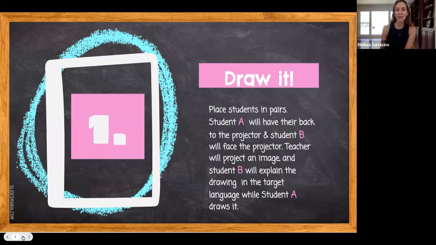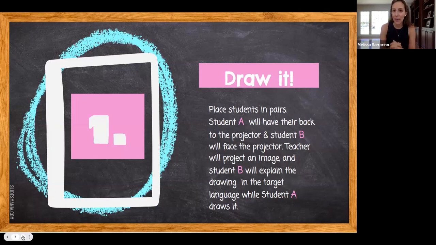So the first activity that we're going to talk about is Draw It. For this session's purpose, all my activities are labeled in English, but in class, I label them in Spanish for the students. So let's talk about Draw It. When I introduce vocabulary, usually on day 3 or 4, I love to do this activity.